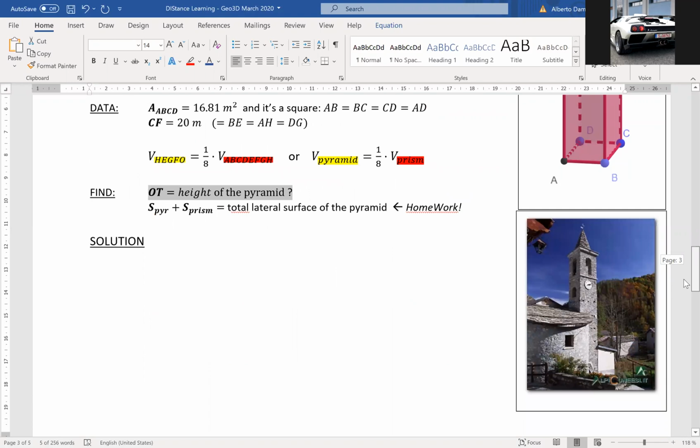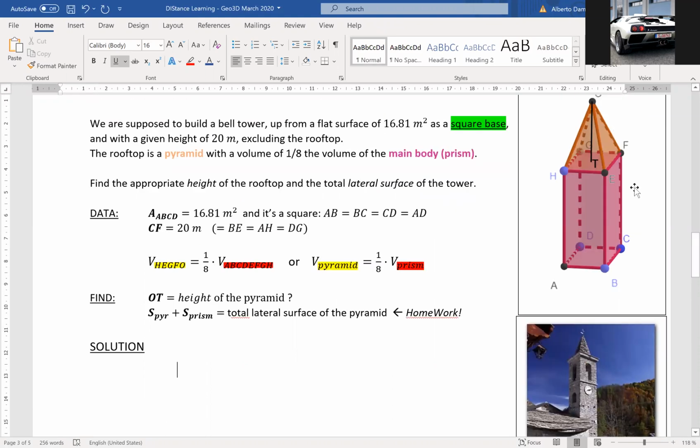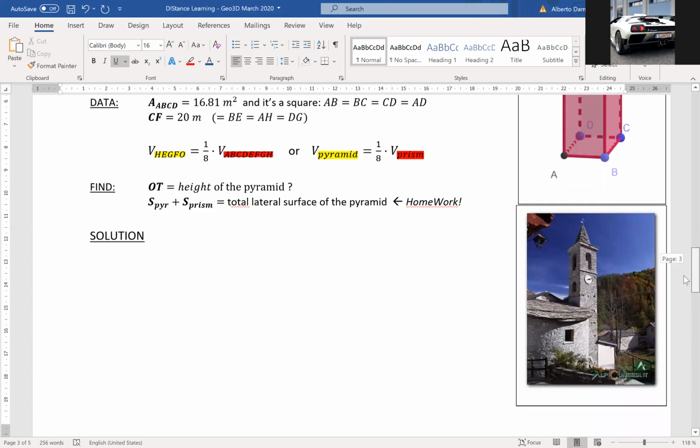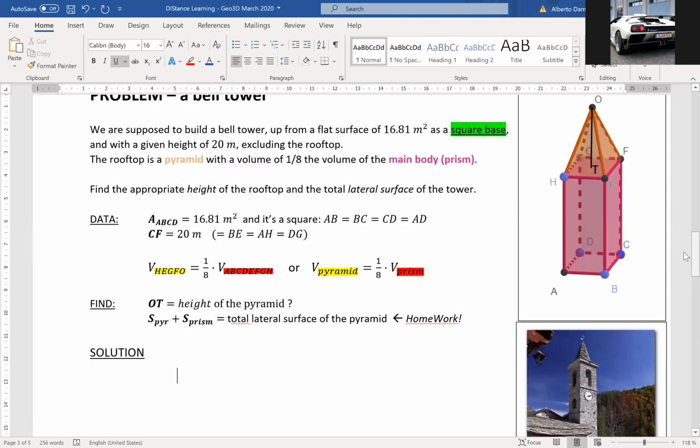Okay, so solution. What can we do as a first step? Well, I think the first thing that we can find is the volume of our pyramid, because we know that it's 1/8 of the volume of the prism.